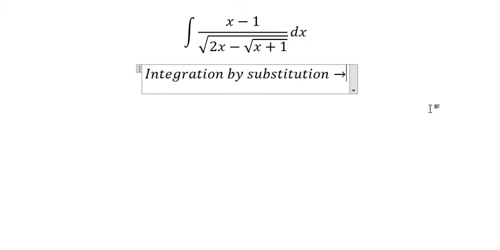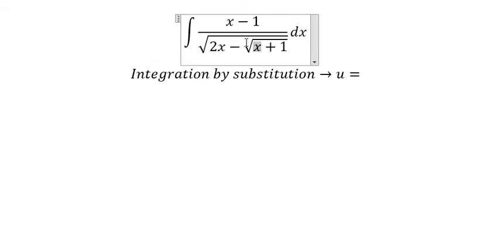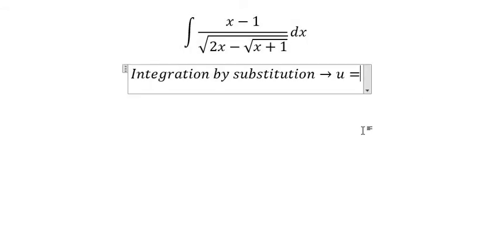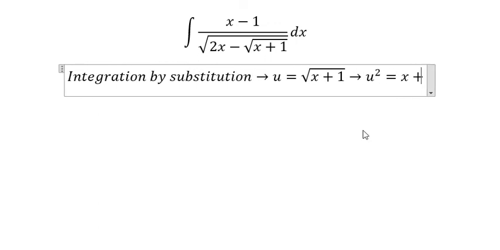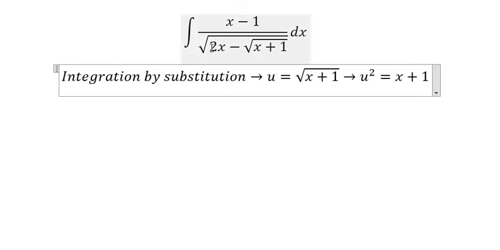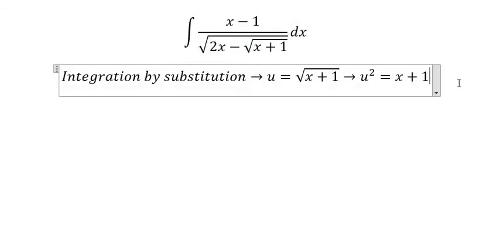So we put u equals the square root of x plus 1. Later that we put the square on both sides, because we have 2x in here, so we multiply both sides by the number 2.